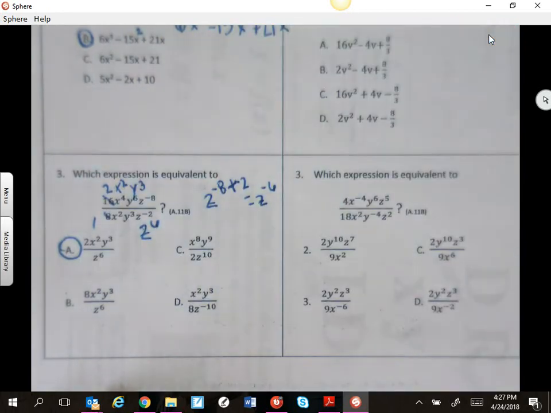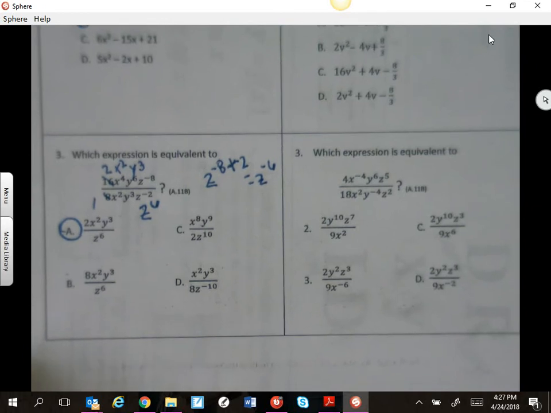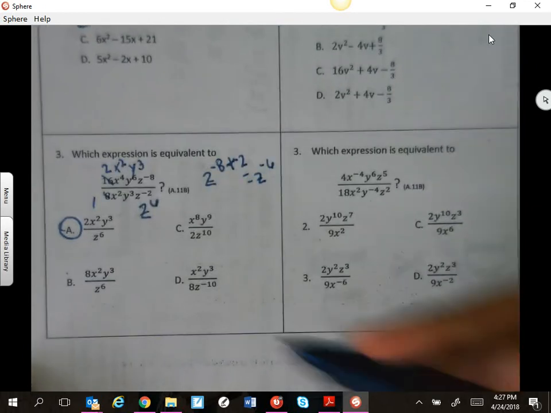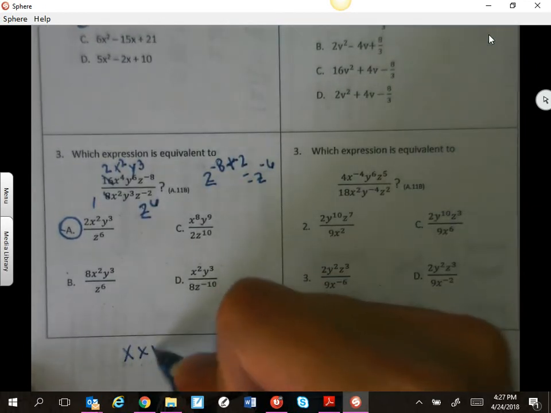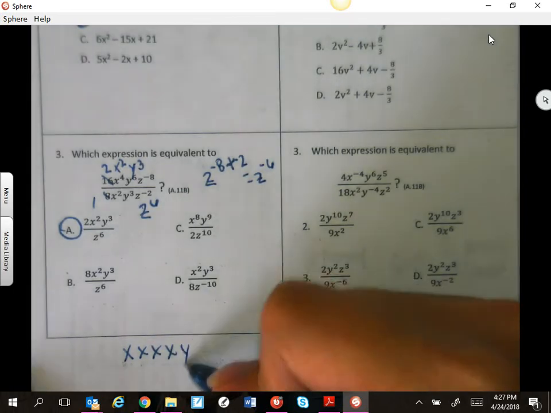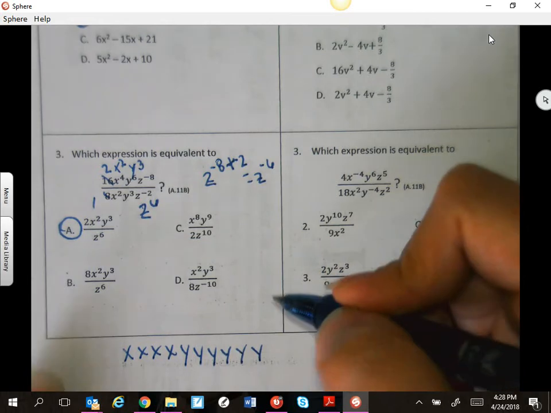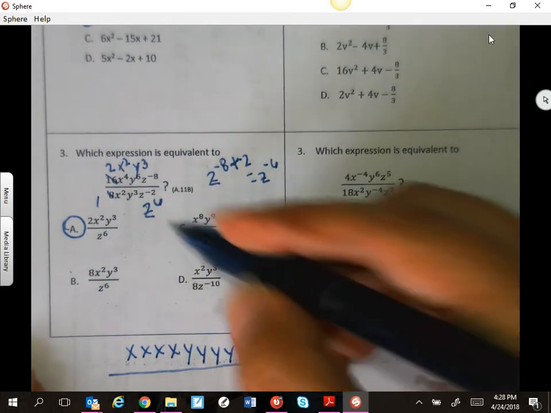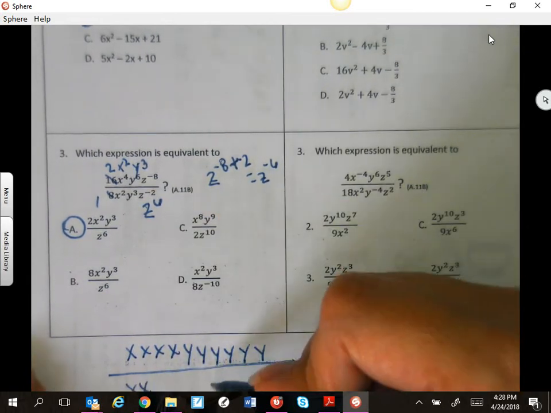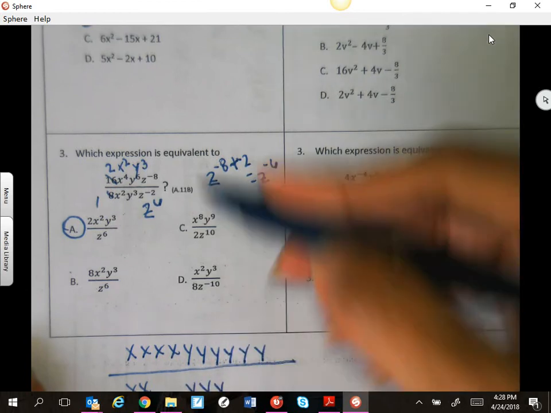Now, if you really wanted to, you could also list all of these out. You could say x to the 4th, y to the 6th, 4, 5, 6. And then I have x squared, and I have y. Now, here's where it gets tricky.